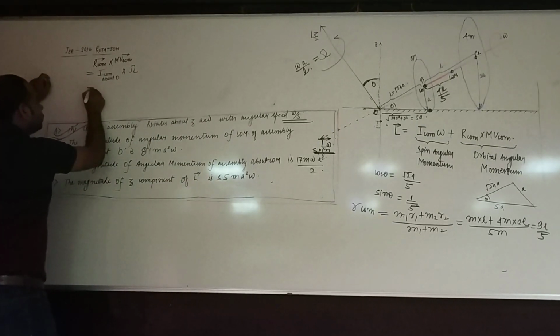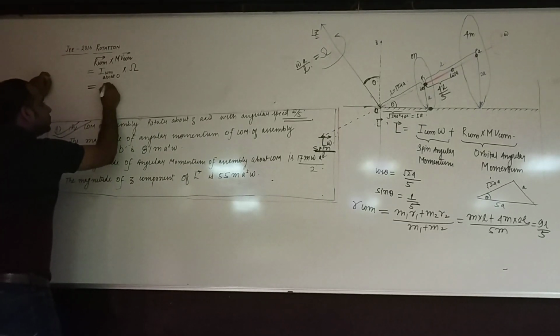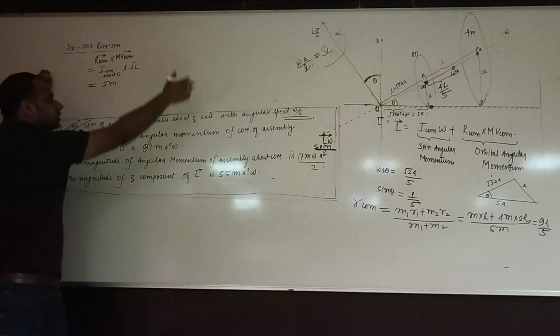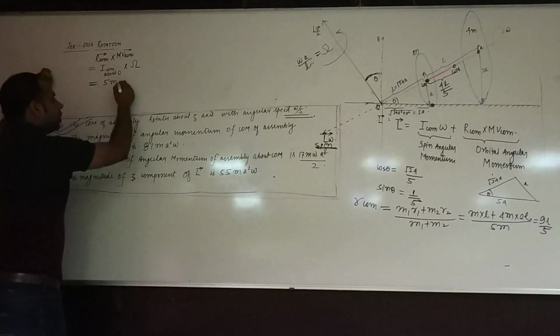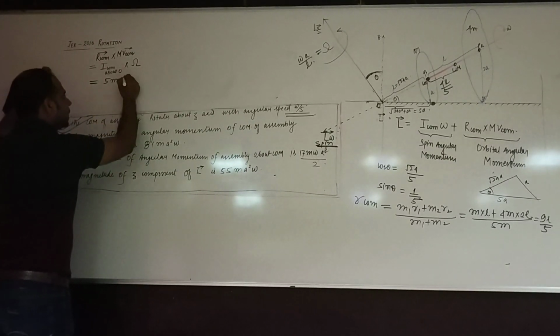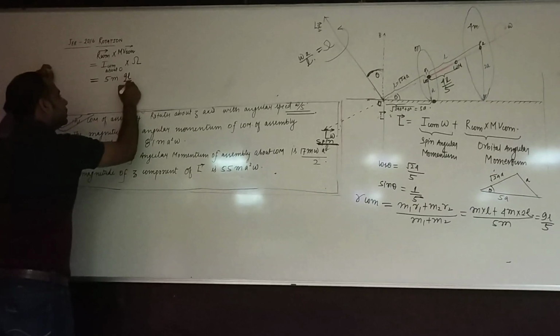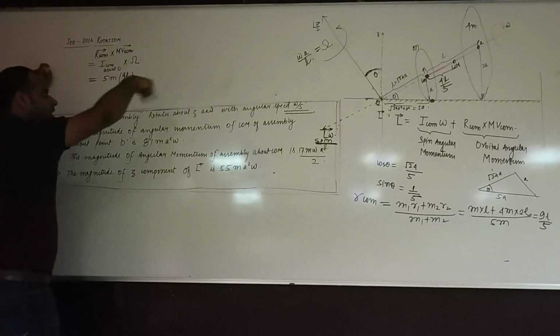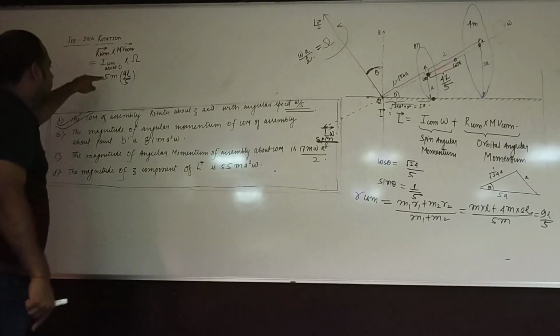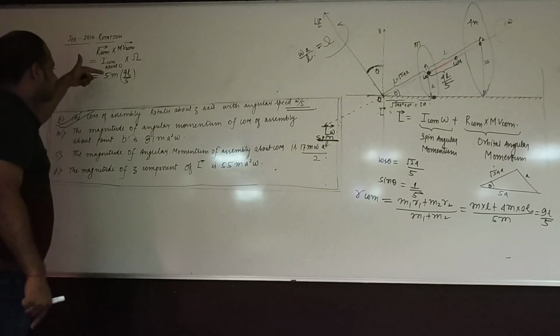So what is the total mass of the center of mass? It's 5m. Distance of center of mass from O is 9L by 5. A point rotating about a given point has moment of inertia m r square.